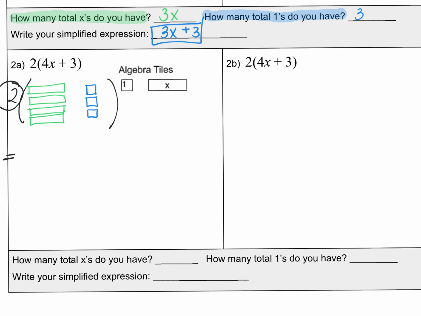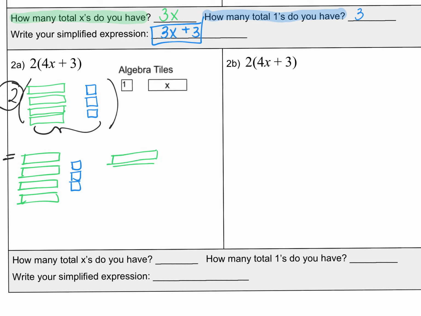So that means that I'm going to redraw this 2 times. So that is, again, my first group of 4x pieces and 3 ones pieces. And I'm going to draw a second group of 4x pieces and 3 ones pieces.